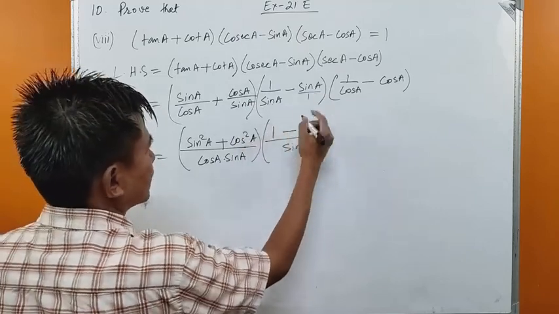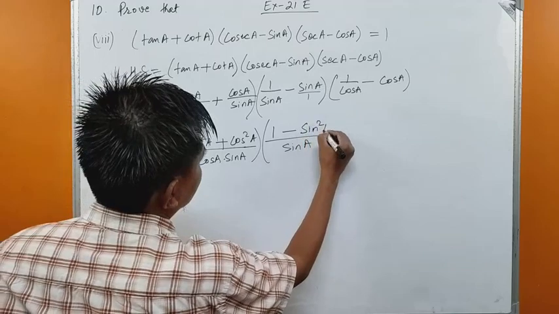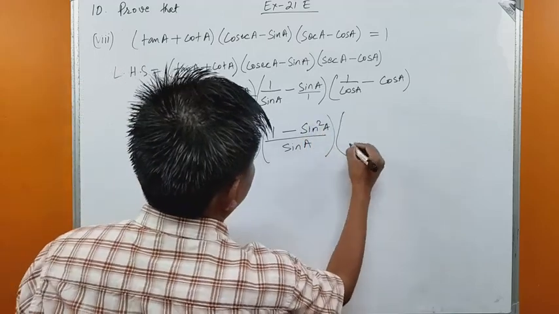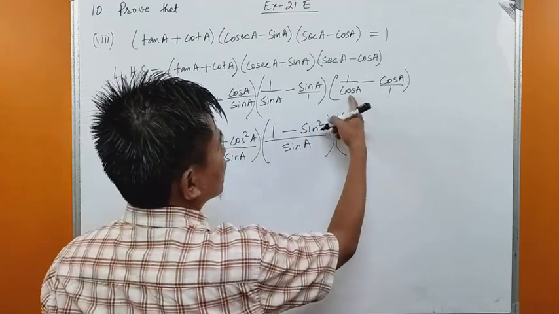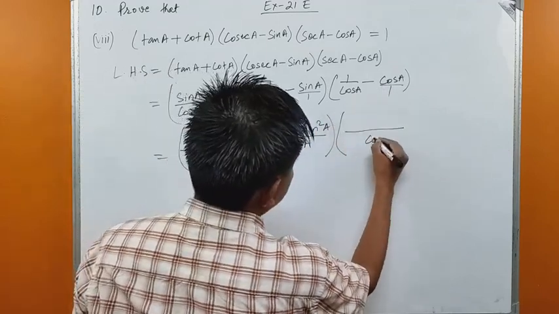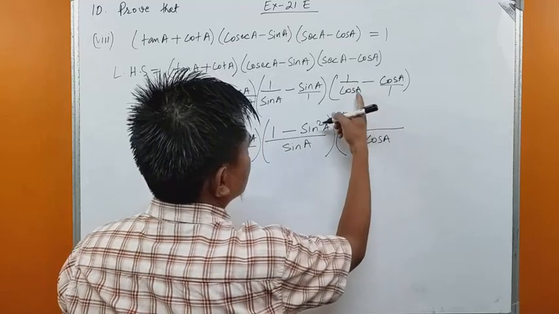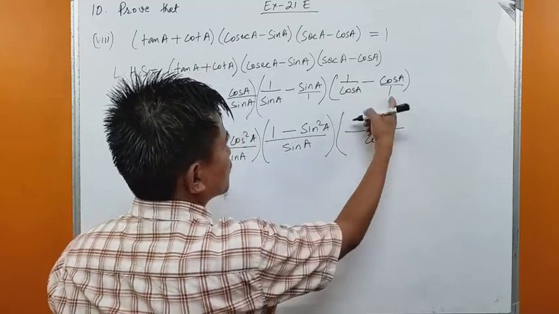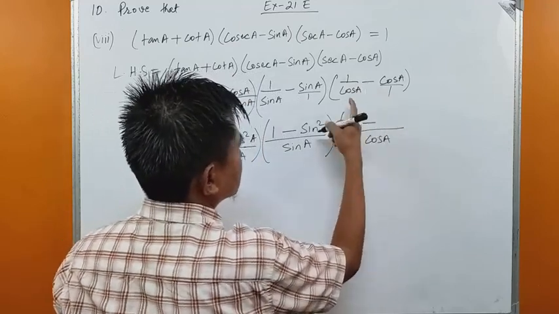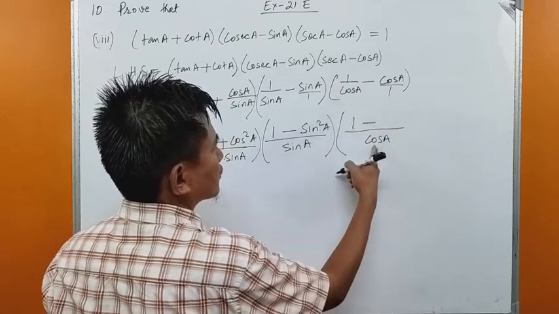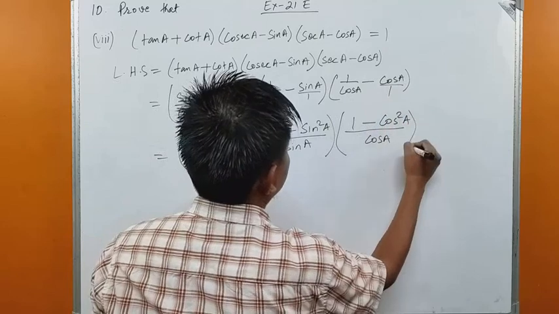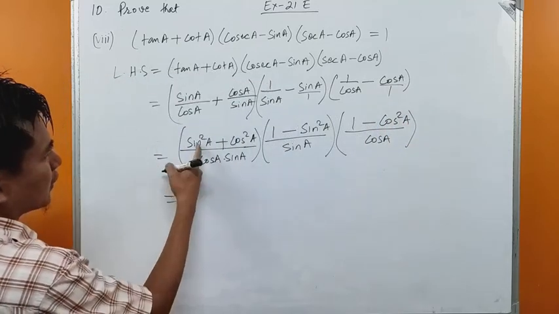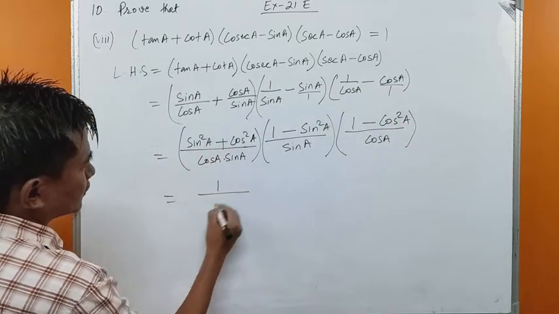So sin A into sin A is sin square A, isn't it? Here we have 1 in the denominator of cos A. So the LCM of cos A and 1 is cos A. So 1 into 1 is 1, minus 1 into cos A gives cos A into cos A, cos square A. So sin square A plus cos square A means 1, isn't it?